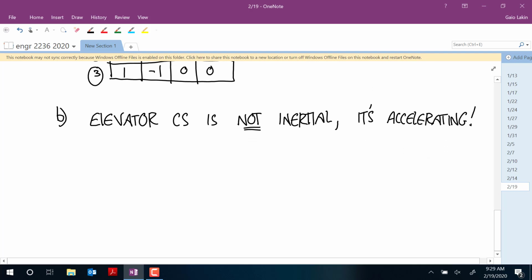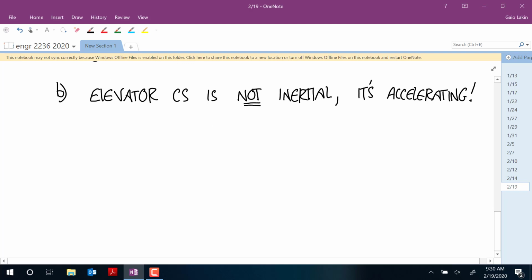Okay, so we're going to have to think about these accelerations as, let's say, the acceleration of the 0.5 relative to the ground is the acceleration of the 0.5 relative to the elevator plus the acceleration of the elevator relative to the ground.